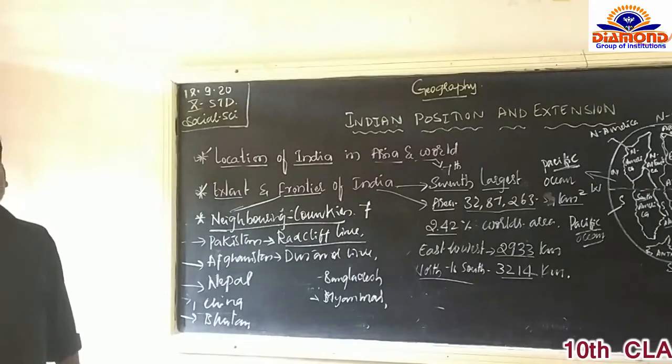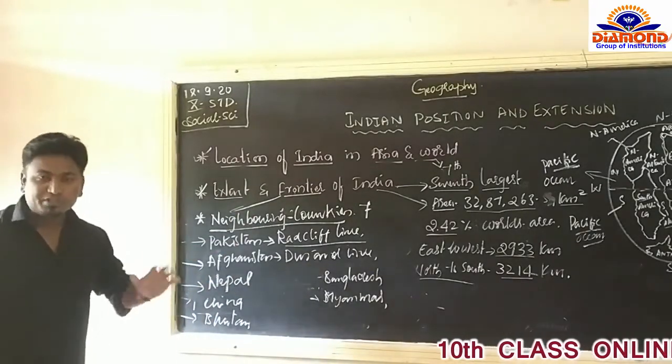So the 7 countries are the neighboring countries which separate India.